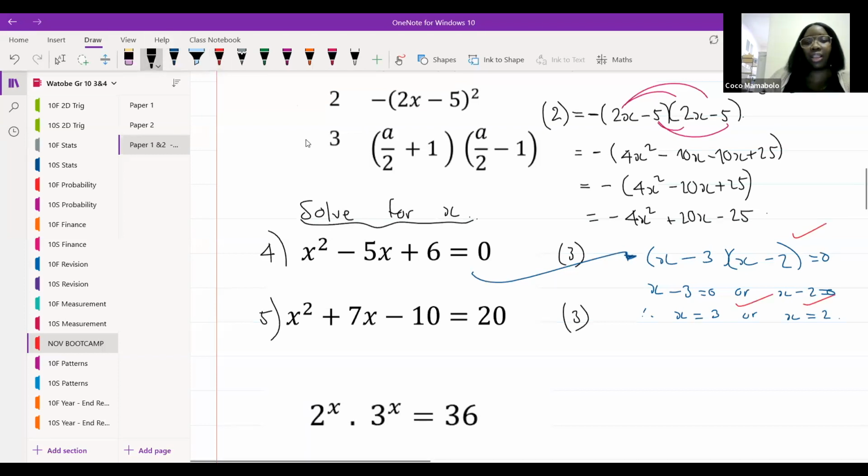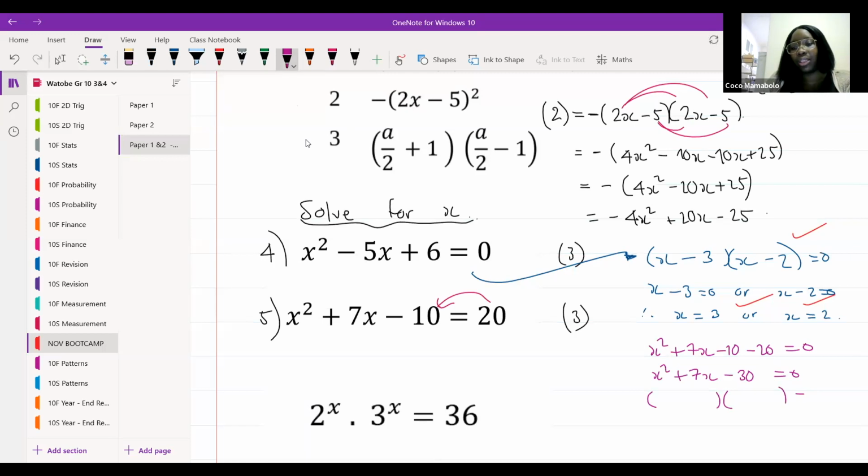All right, in this last one over here, we know we need to take our 20 over to the other side. So it's going to become negative 20. So we're going to get x squared plus 7x minus 10 minus 20 is equal to 0. And then we'll get x squared plus 7x minus 30 is equal to 0. Open up 2 brackets is equal to 0.